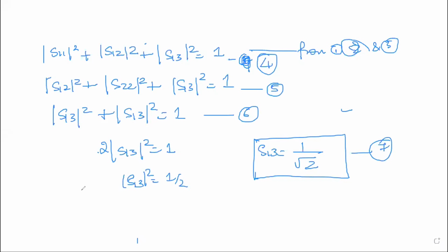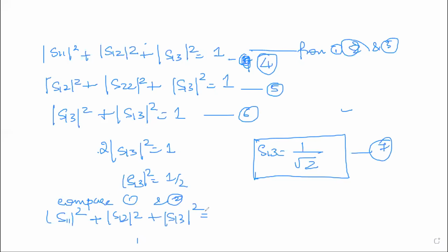Now, for the second step, you need to compare equation 1 and 2. If you compare equation 1 and 2, what are the values you can get? That is magnitude of S11 square plus magnitude of S12 square plus magnitude of S13 square, which is also equal to magnitude of S12 square plus magnitude of S22 square plus magnitude of S13 square.